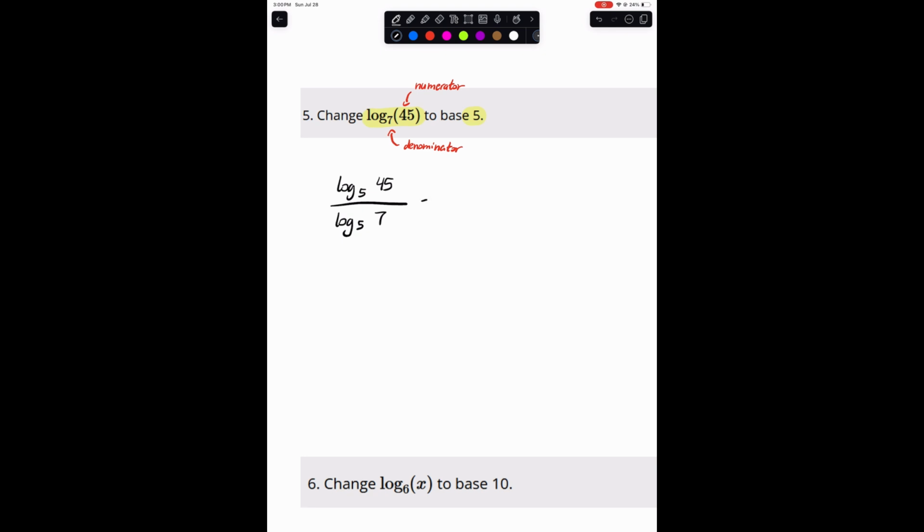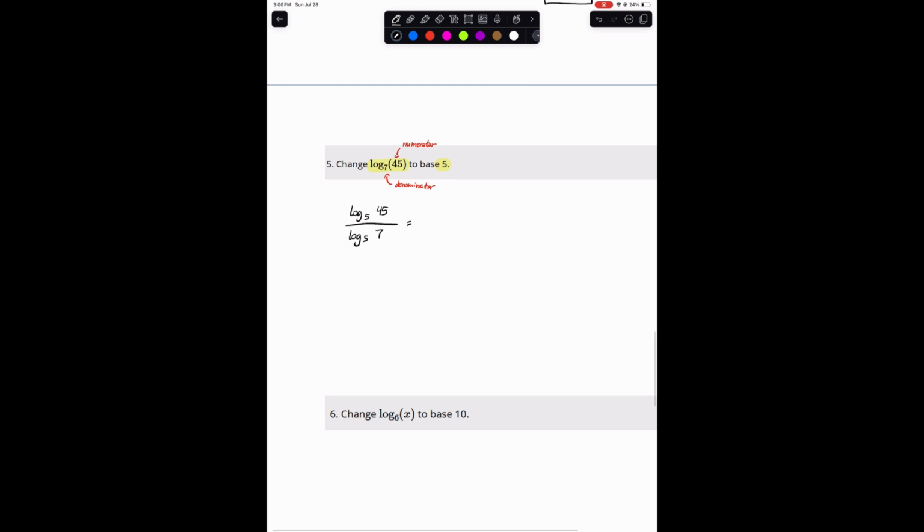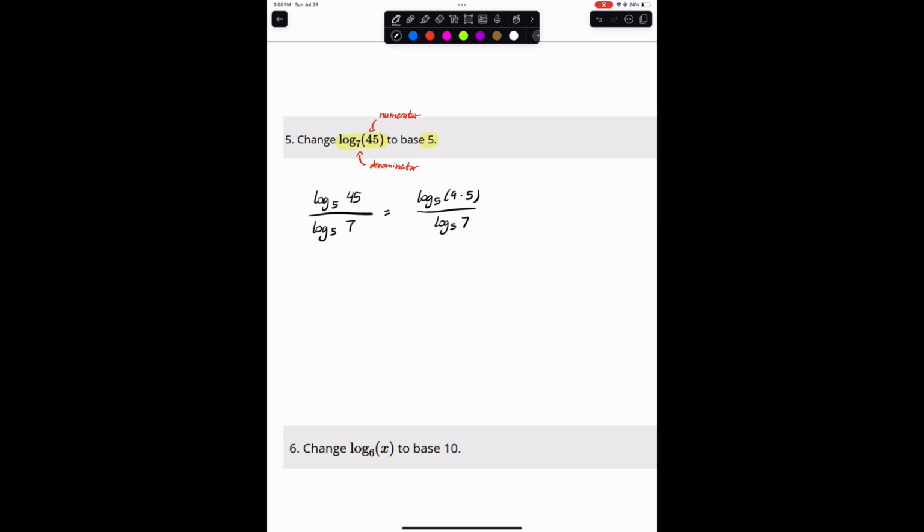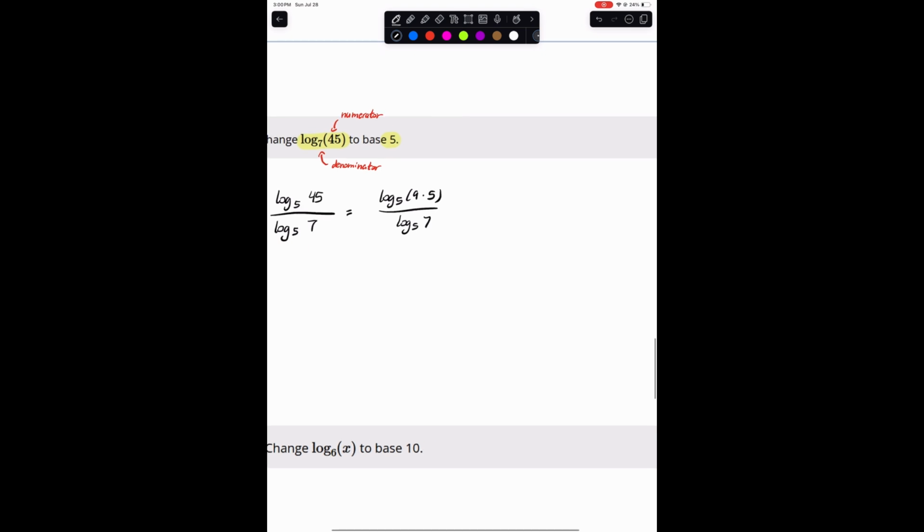Now, you can simplify this down, right? This is log 5 of 9 times 5 over log 5 of 7. So you get log 5 of 9 plus log 5 of 5, right?